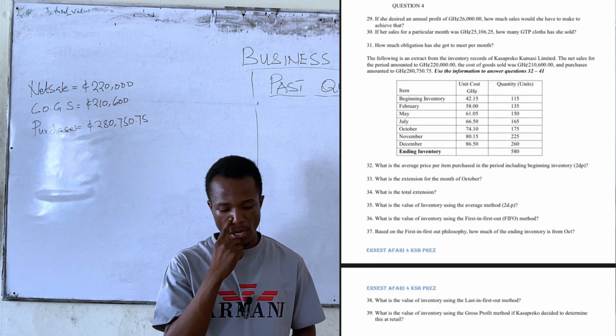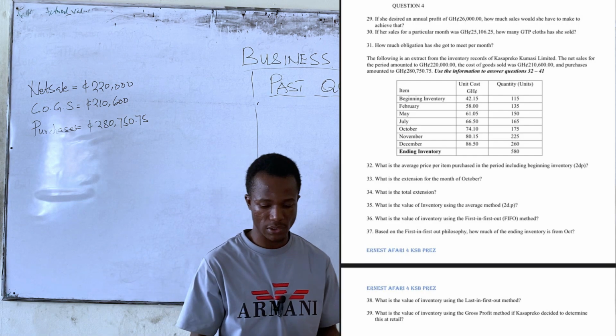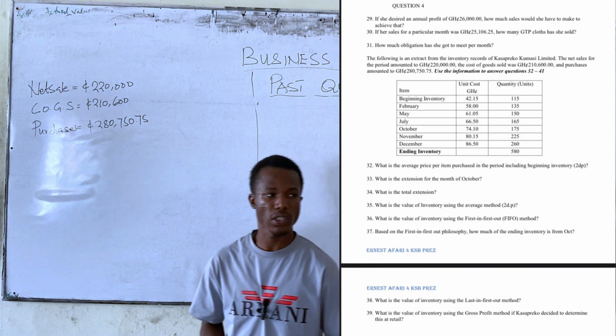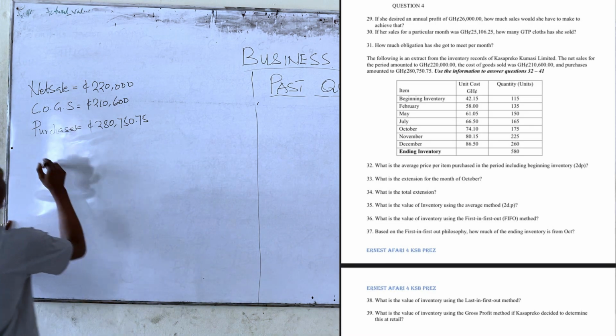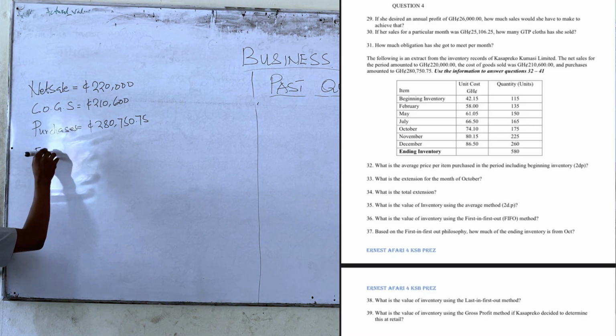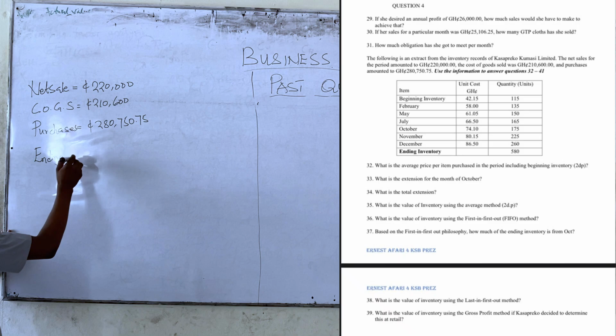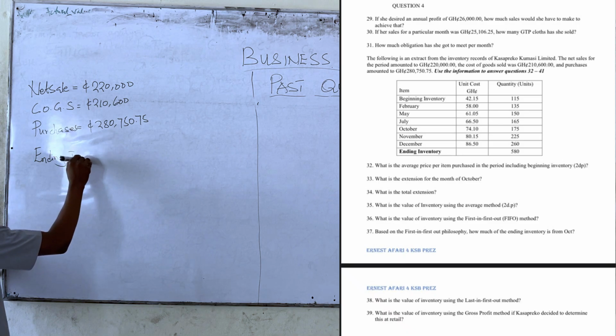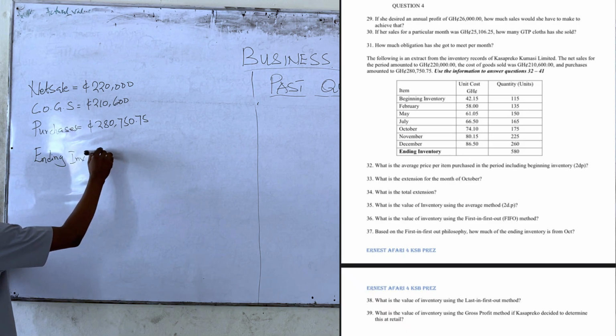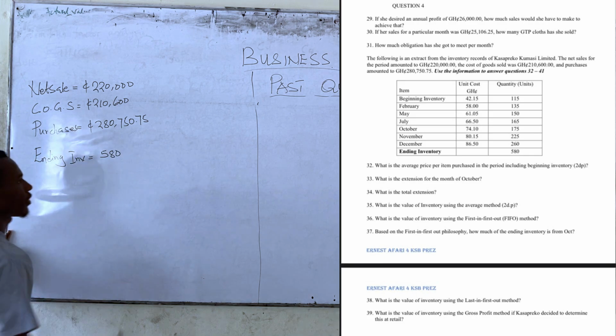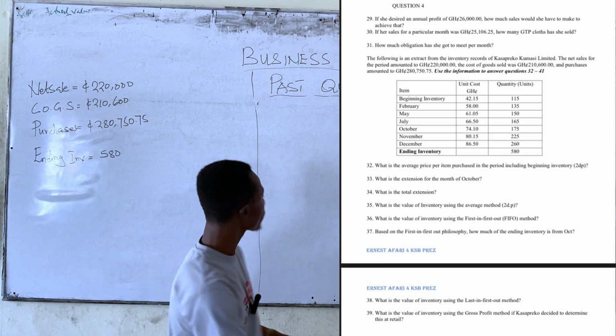Okay, so we are starting with a question. The ending inventory is what? 580. So it means at the end of the year you were left with 580 items.